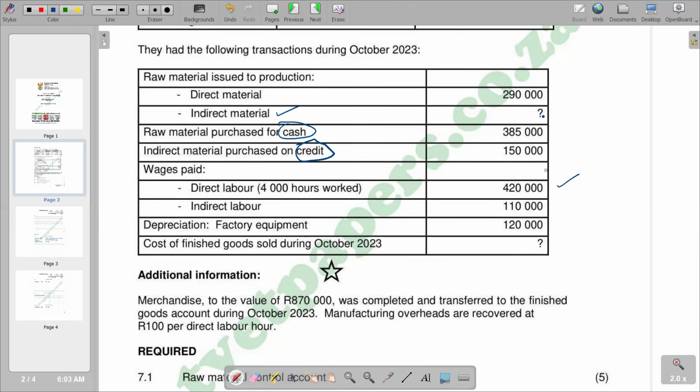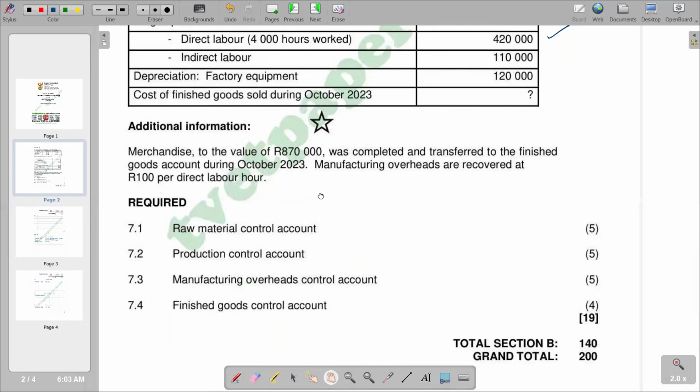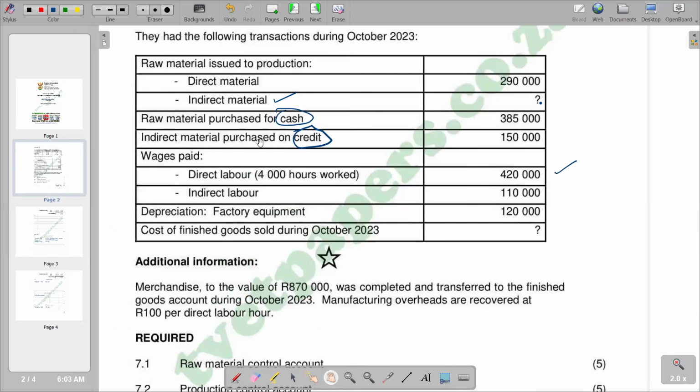We're supposed to debit the production control with 420,000, and then we credit the labor control. But if you look in the question, we do not have the labor control. So the entry in the labor control is not going to be shown in this question. So we are just going to debit the production control with 420,000.